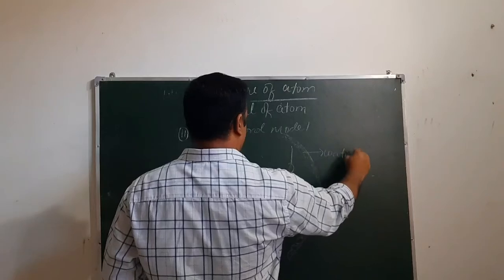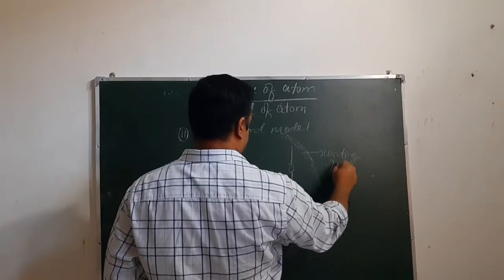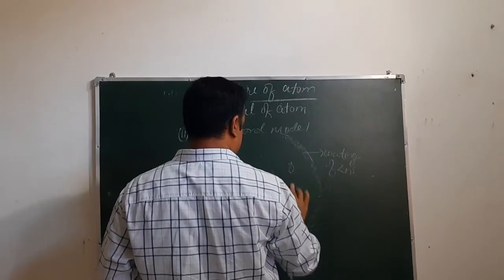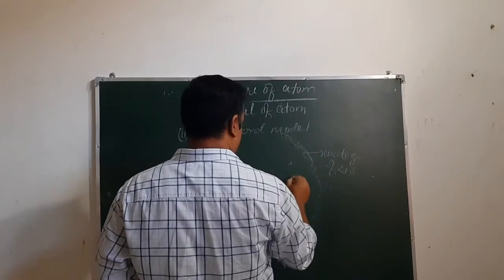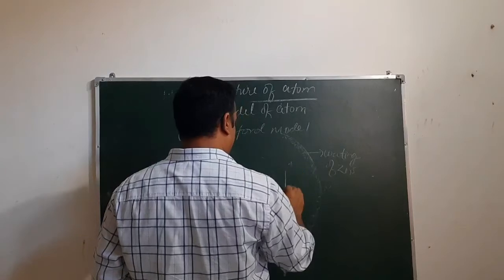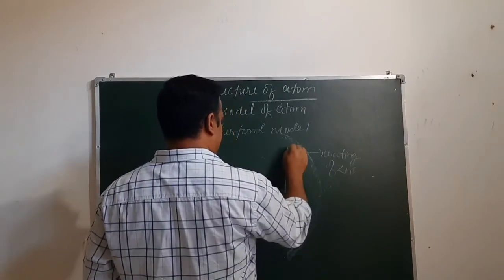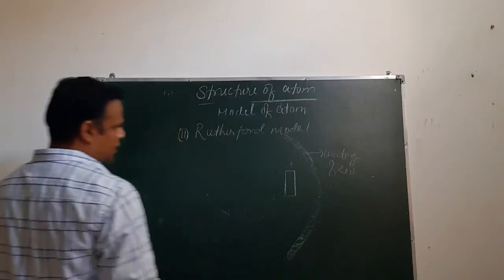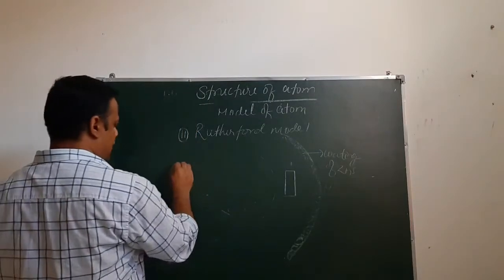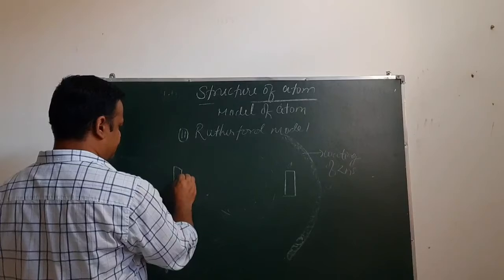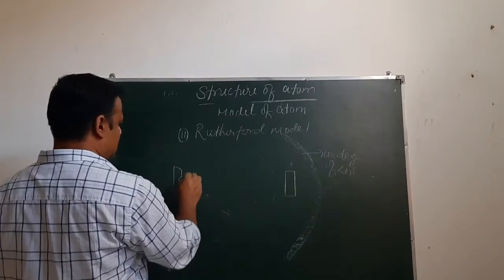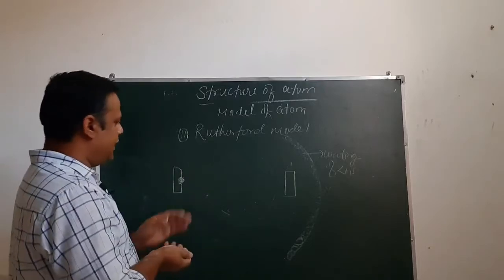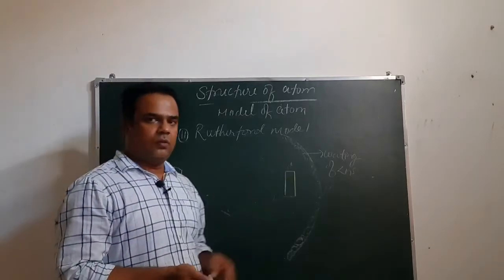There was a very thin gold foil, and then he passed alpha rays. He collided these alpha particles over the gold foil.